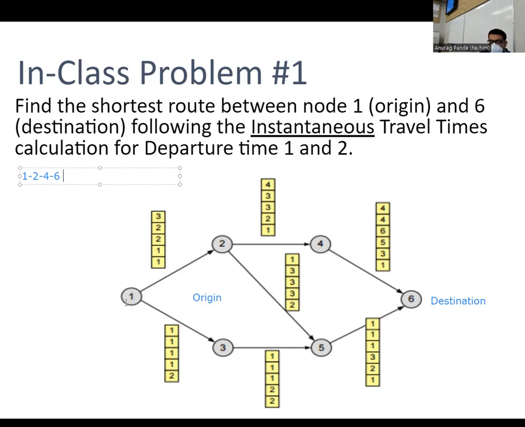When I'm leaving node 1, I think, okay, it's 1 minute on this route, 1 minute on this route, and 1 minute on this route, because that's all I care about in the instantaneous calculation. At the time of start, what's happening on each route? Give me the travel time. I'm going to add them up. So it's going to be just 1 plus 1 plus 1 equal to 3 units of travel time, or 3 minutes, whatever you want to call it. Now let's see if I want to do 1, 2, 5, 6.